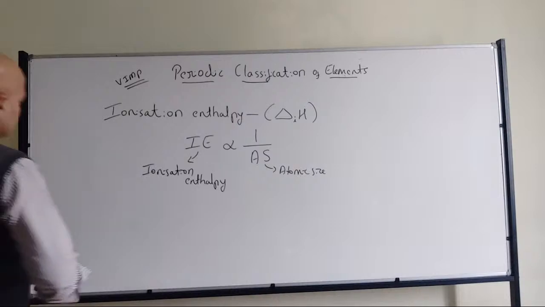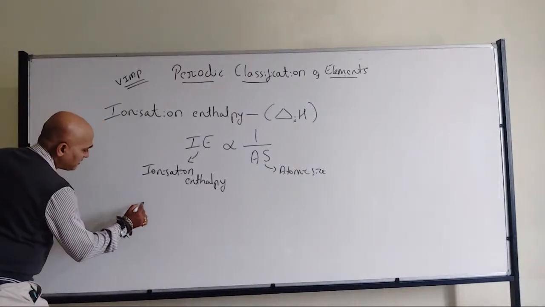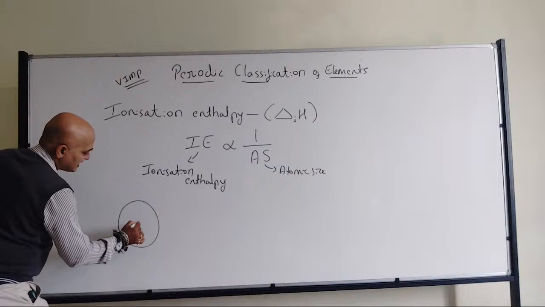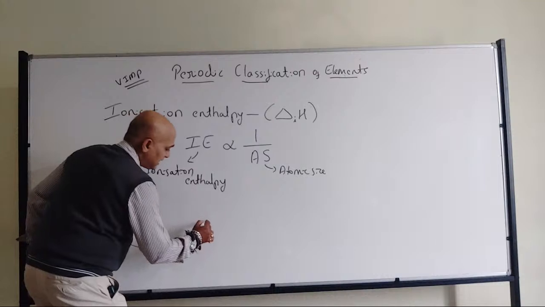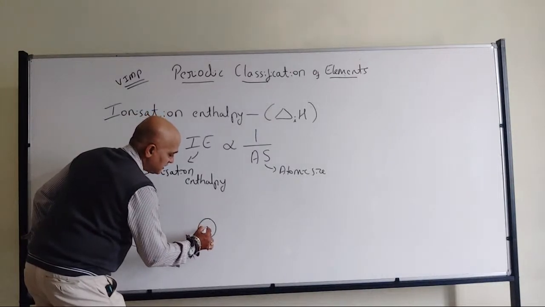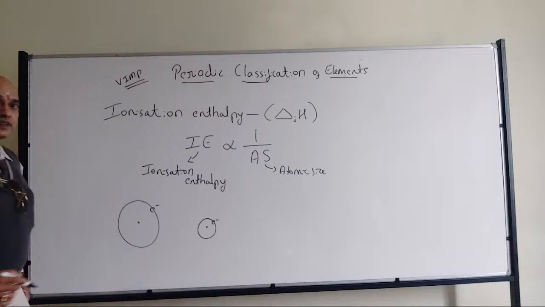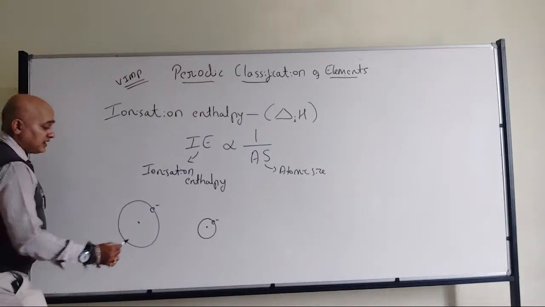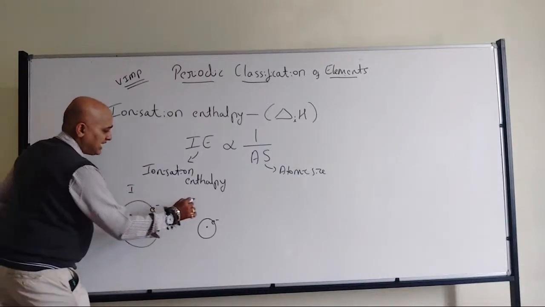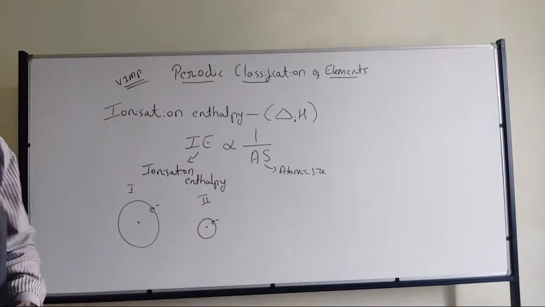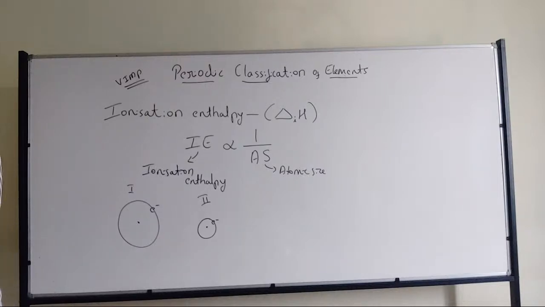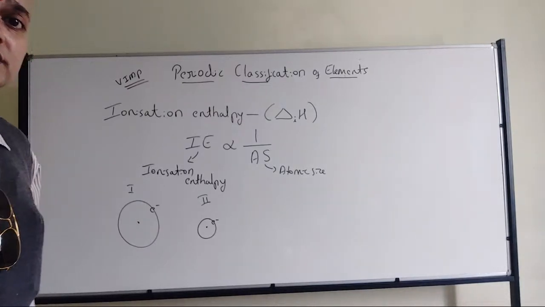That is quite natural, because if I have a large sized atom with an electron, and another atom which is small sized, with an electron, in which atom are the electrons nearer to the nucleus? Whether in the first atom or the second atom?